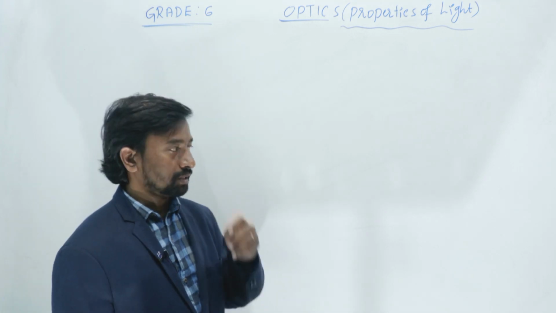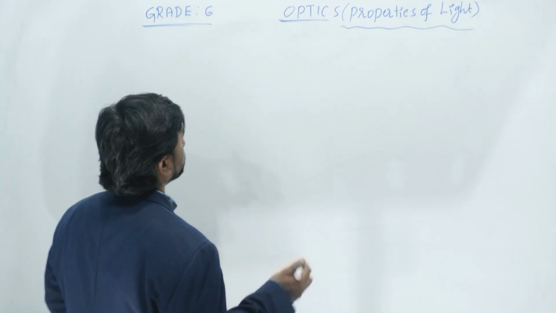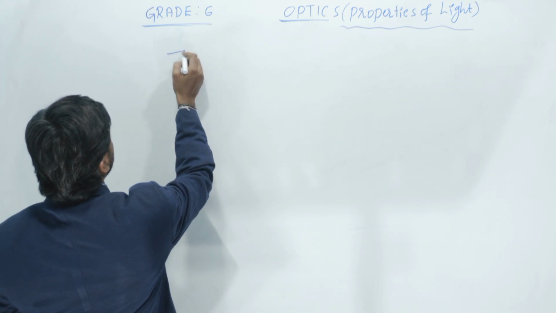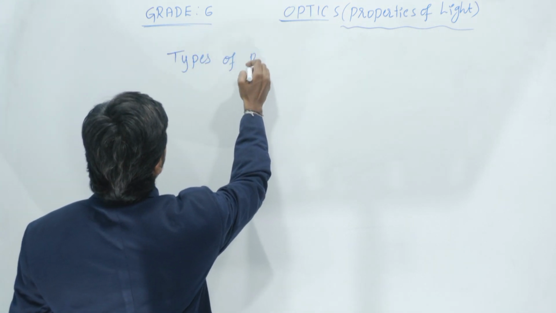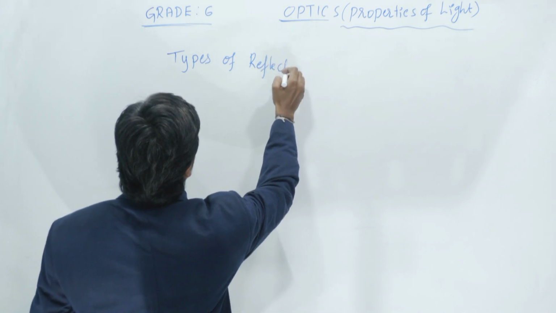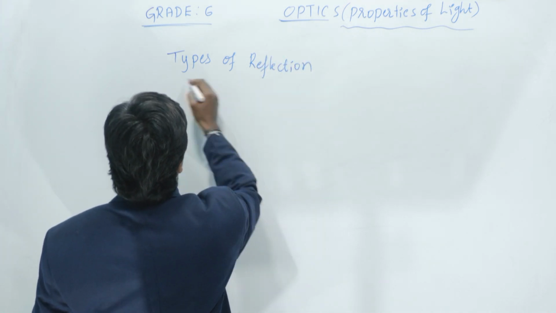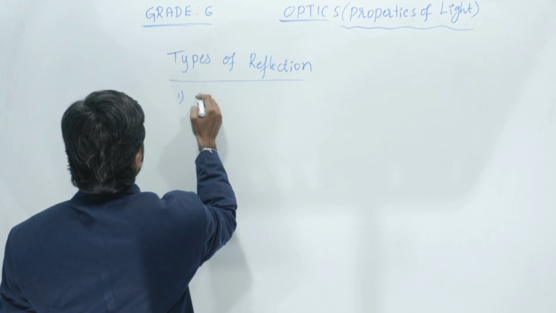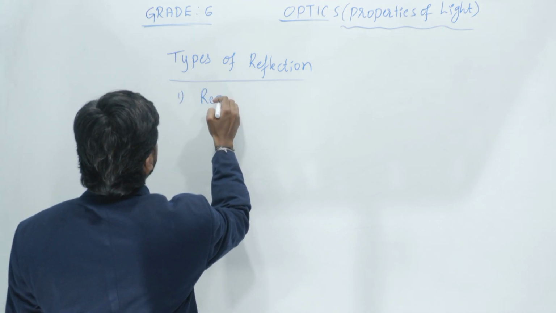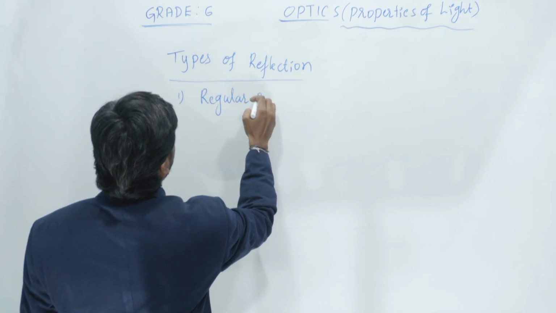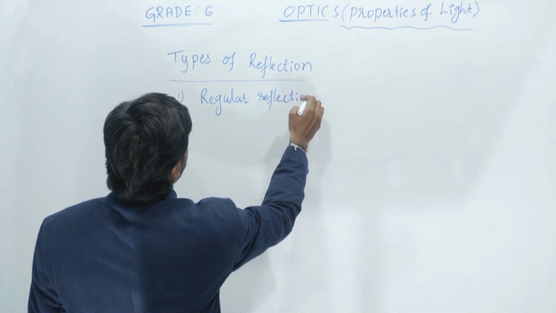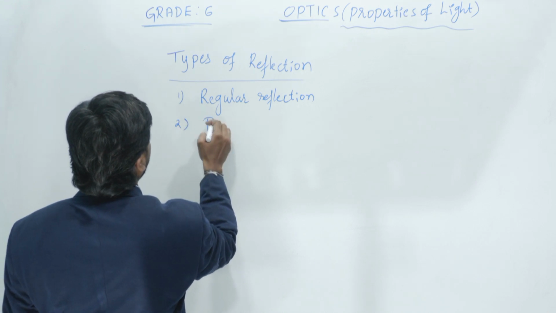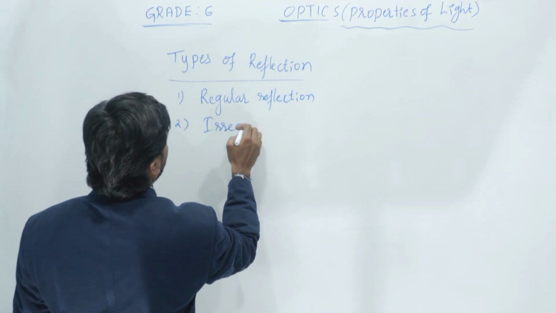The first one is regular reflection. The second one is irregular reflection.